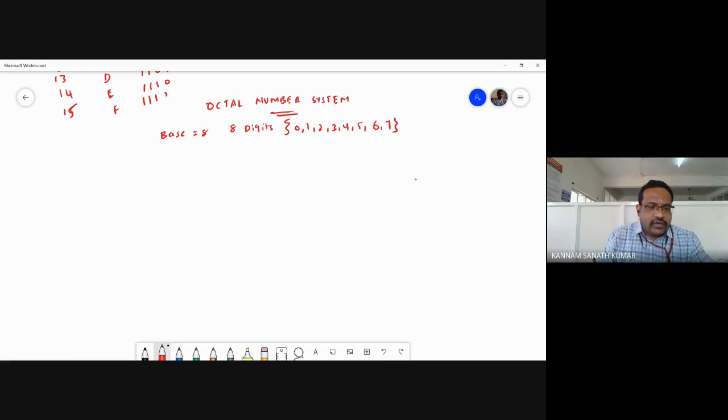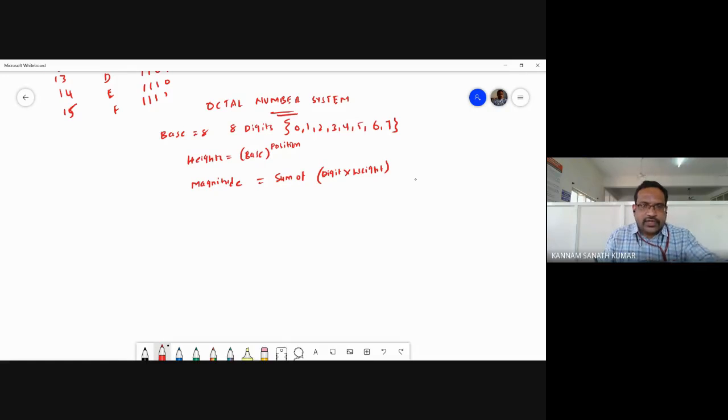These are the digits, and weights are represented as base power position. And magnitude, whatever magnitude you want to find, equals the sum of digits into weight.